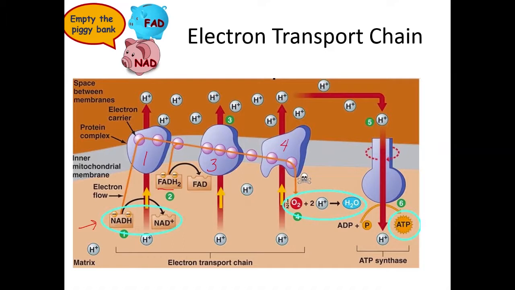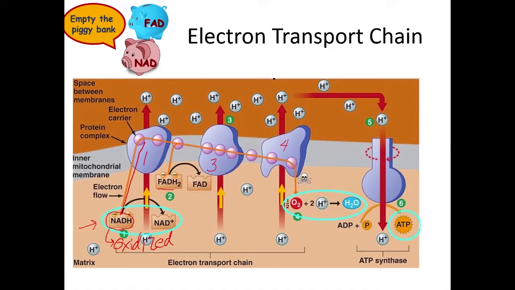And they get next to these electron transport chain proteins, and the electron from the reduced form, let's look at just NADH first, is handed off to the electron carrier in this protein complex, at which point NADH has lost its electron and has been oxidized.